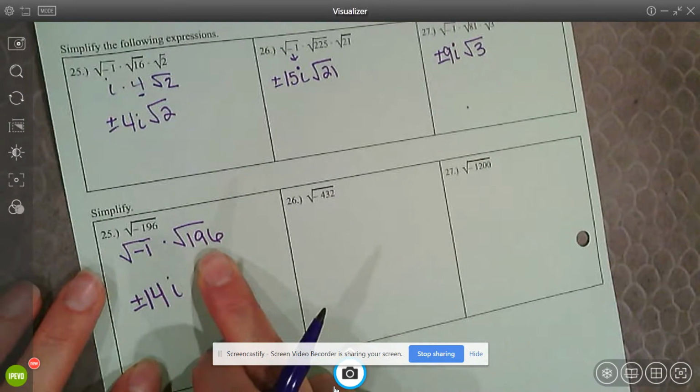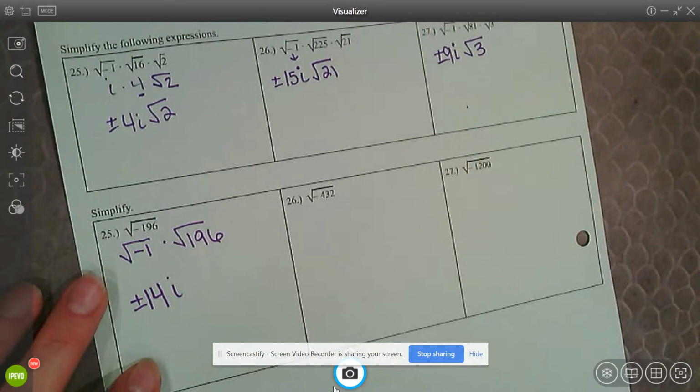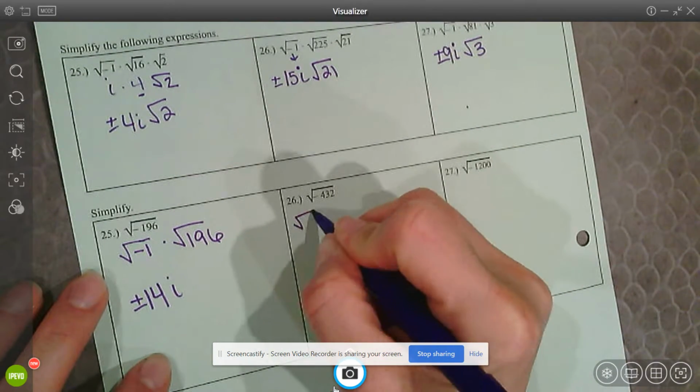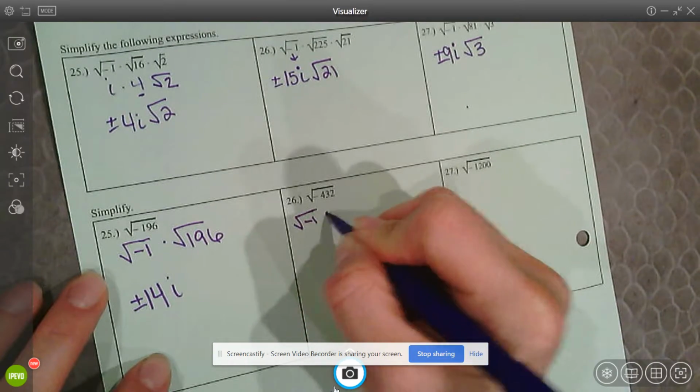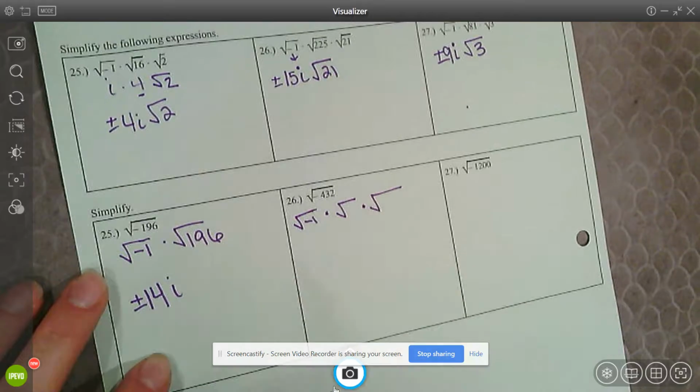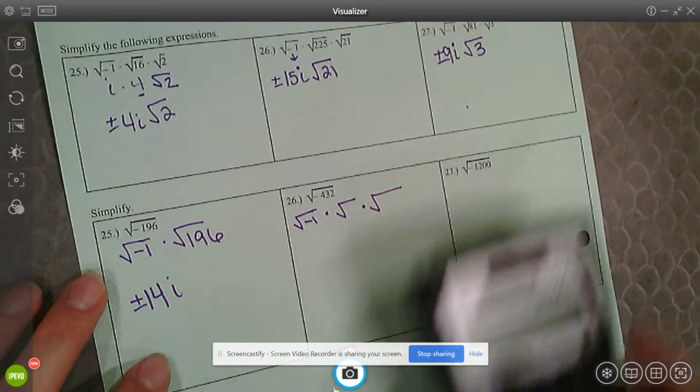Whenever you have a perfect square, you don't have to break it up because the largest perfect square that can divide into 196 is actually 196. So let's look at this one right here, 432. I'm going to break this up. I've got the square root of -1, and then I need to find the largest perfect square that I can divide into 432.